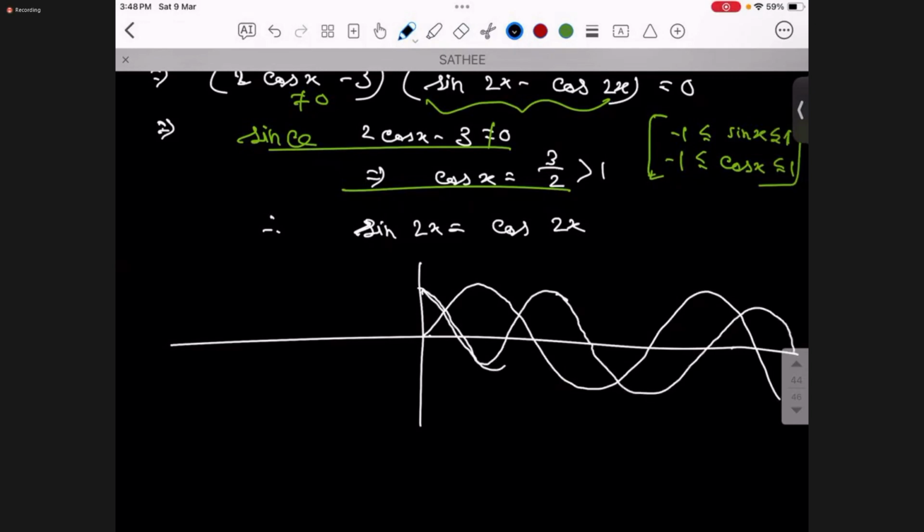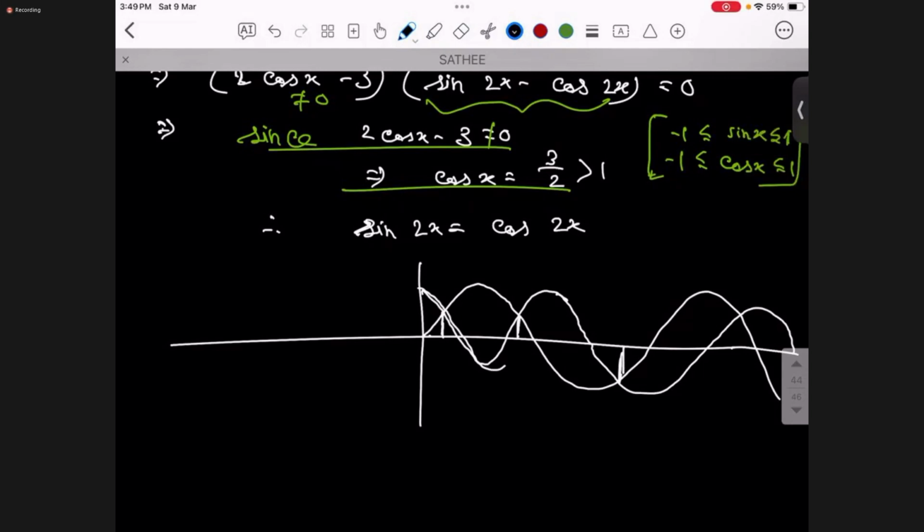You can see these two functions intersect at the point pi by 4, at the point 3 pi by 4, at the point 5 pi by 4. Maybe I haven't drawn the graph properly, but yes, they will cut at some multiples of pi by 4. One concept is this.